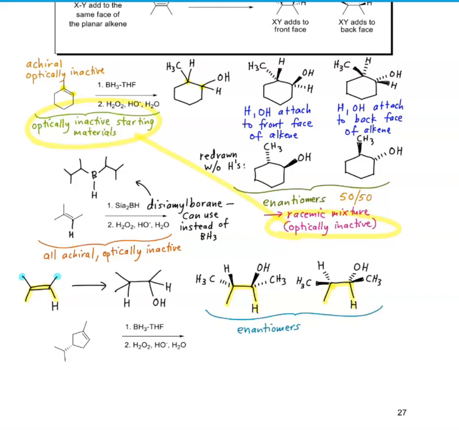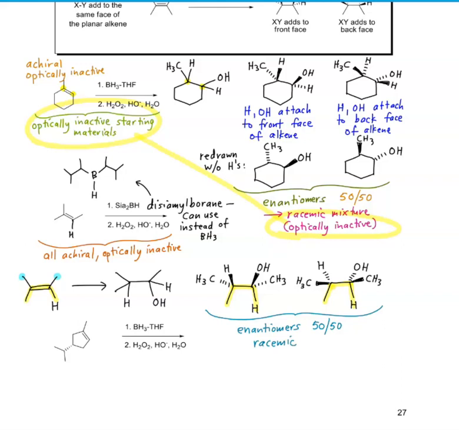And again, with this alkene that we started with, there's no preference for the reagent, in this case the disiamylborane. There's no preference for that to approach from the front face or the back face. There's nothing different about either of those faces, which means that it's going to approach each face with equal likelihood. So once again, we get a 50-50 mixture of enantiomers, which, as you know, is a racemic mixture.